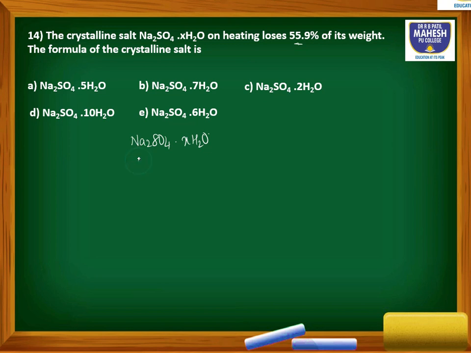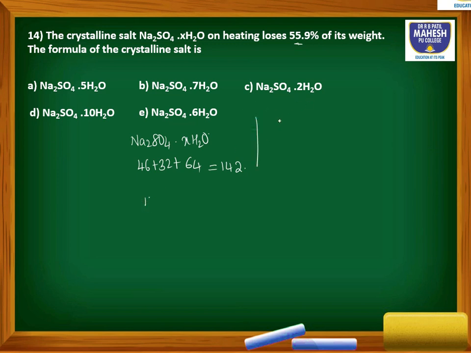Sodium 23 into 2 is 46, sulfur is 32, 4 oxygen is 64. When you add 46 plus 32 plus 64, the answer comes out to be 142. That is sodium sulfate.